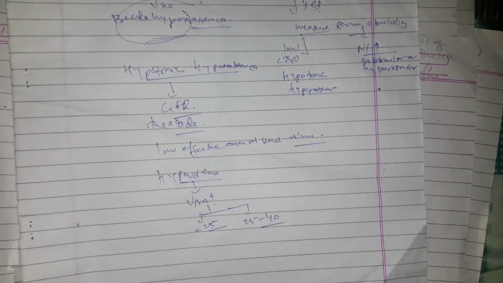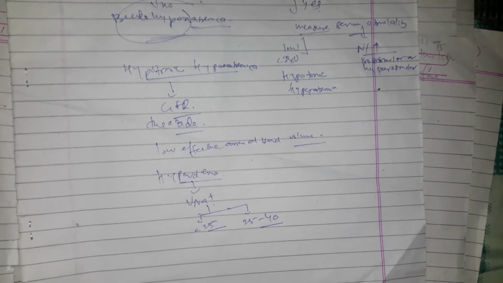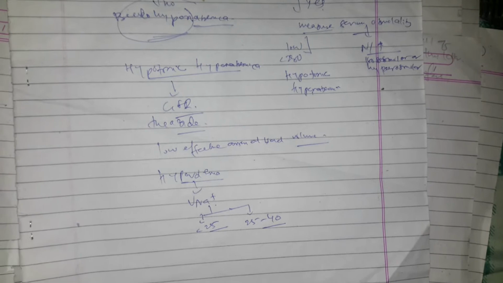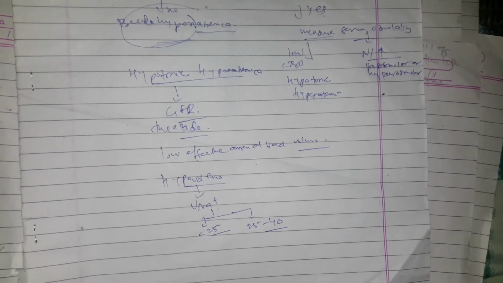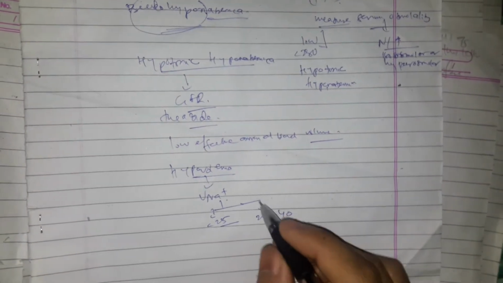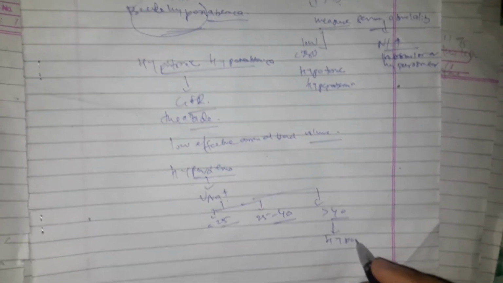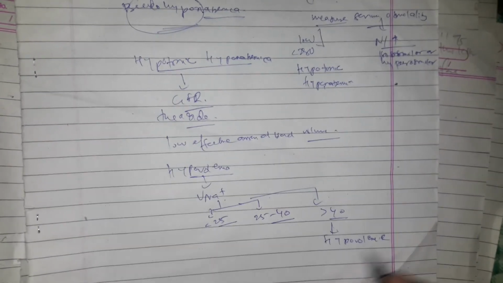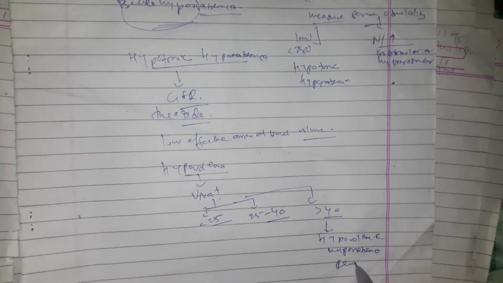If serum sodium is 125 or less, we do not give isotonic saline. In such a patient, the evaluation can be delayed until the sodium is slowly raised to higher levels. And if urine sodium is greater than 40, then it is hypovolemic hyponatremia with renal loss.